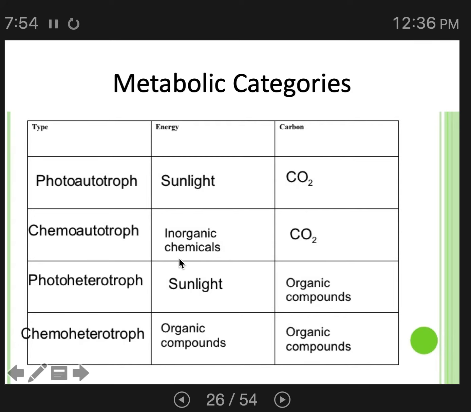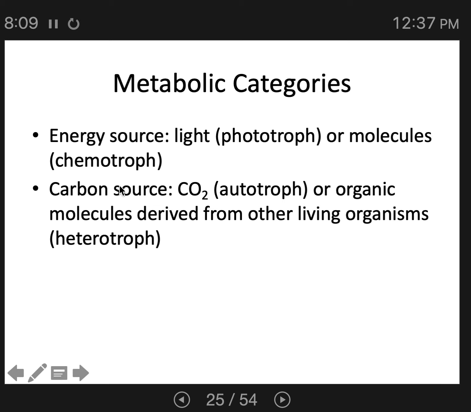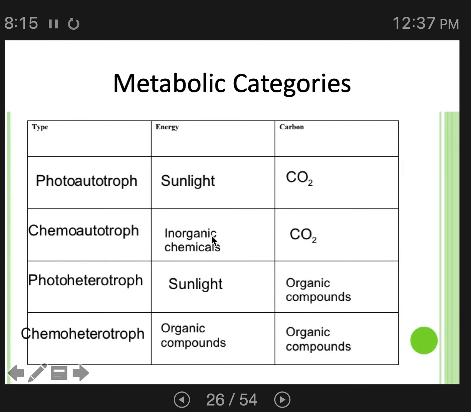Those are high energy inorganic molecules, and you usually find them in unusual places like hydrothermal vents deep under the ocean. So chemoautotrophs are getting their energy from molecules, not necessarily organic molecules, just molecules. And these chemoautotrophs also get their carbon from carbon dioxide.